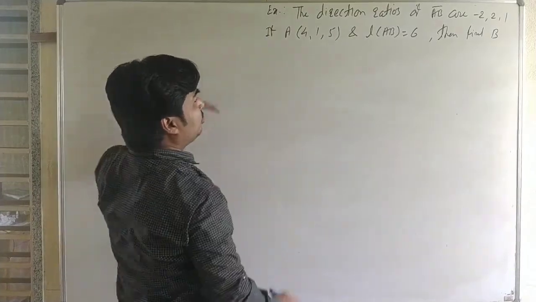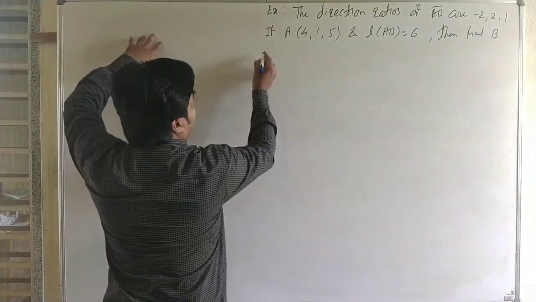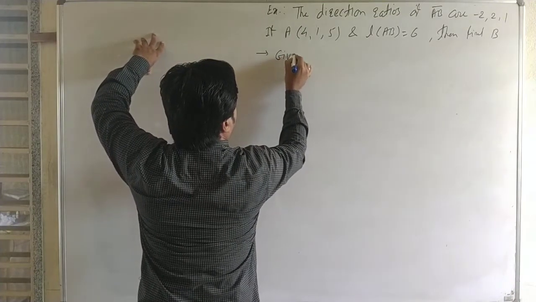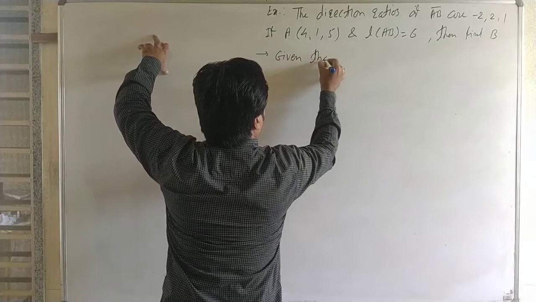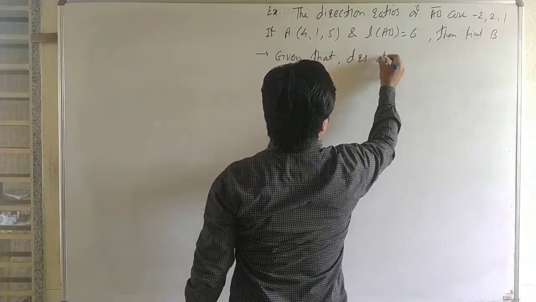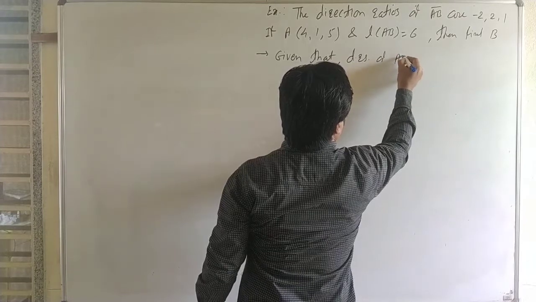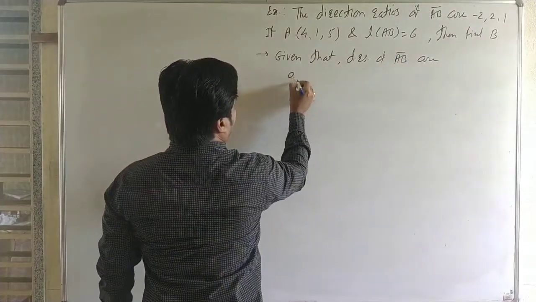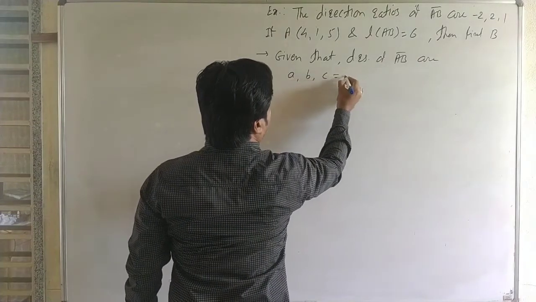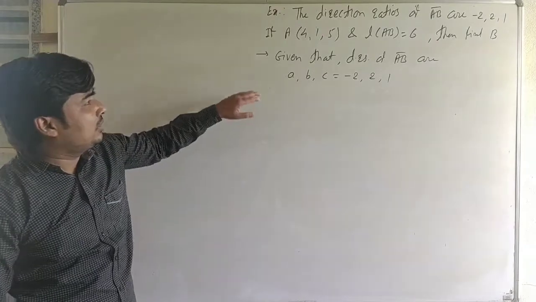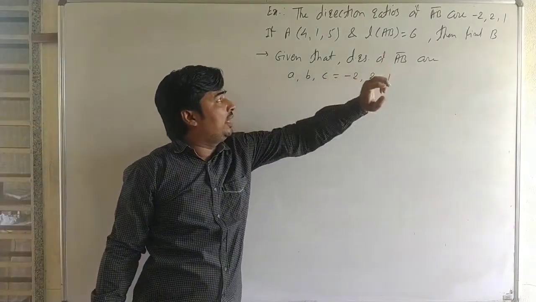Here the direction ratios of vector AB are given: A, B, C are -2, 2 and 1, and the coordinates of point A are also given.